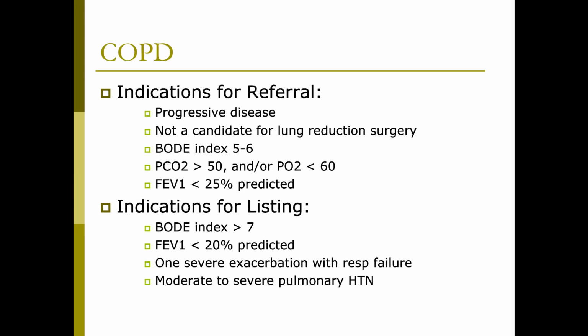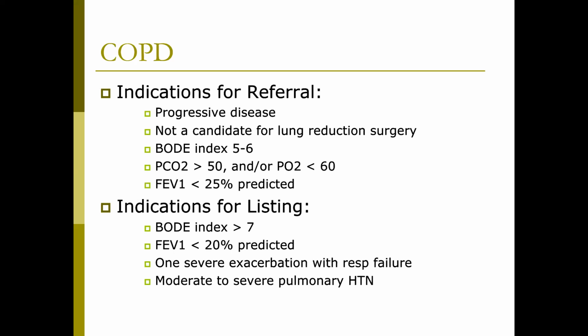And here we have to put lung reduction surgery with a little bit of an asterisk, because the open surgery has largely fallen out of favor. What's a lot more in favor is bronchoscopic lung reduction. If the patient is not a candidate for a lung reduction procedure, whether bronchoscopic or open surgical, then that would be a good individual for referral.